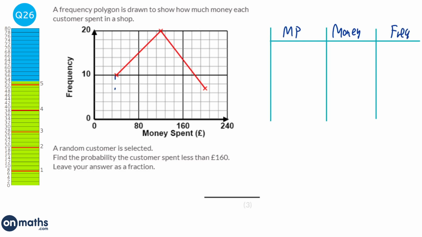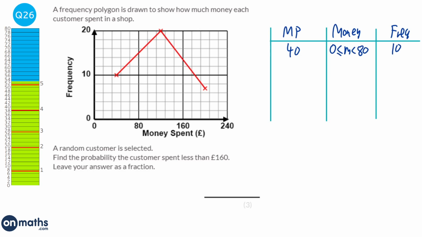So the first midpoint is at 40, and we can see that that was in this group here. So that is 0, and I'm just going to use M for money, 0 to 80, and the frequency is how high it is, which is 10.